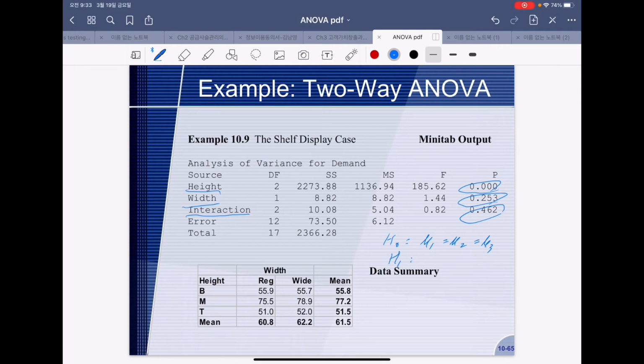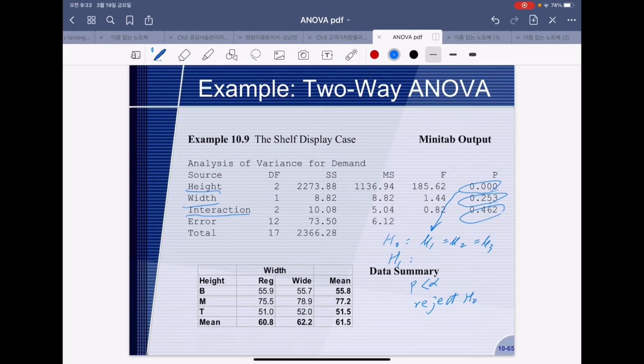Obviously the alternative hypothesis is that at least two differ. That's the hypothesis for the height. In this case, the p-value is less than alpha, so you reject the null hypothesis. That's the hypothesis testing for factor 1.